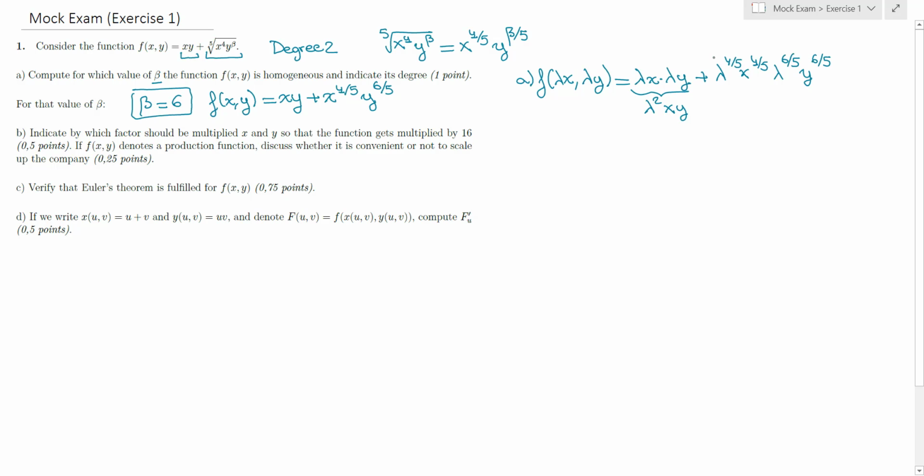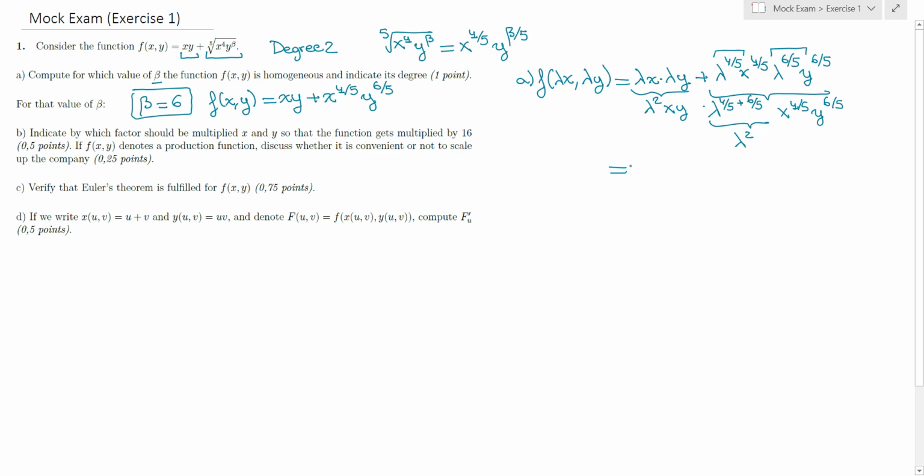And of course, since we are multiplying powers, the exponents are added, and this is lambda to the 4/5 plus 6/5, which of course is lambda to the 10/5, which is lambda squared, x to the 4/5 y to the 6/5.